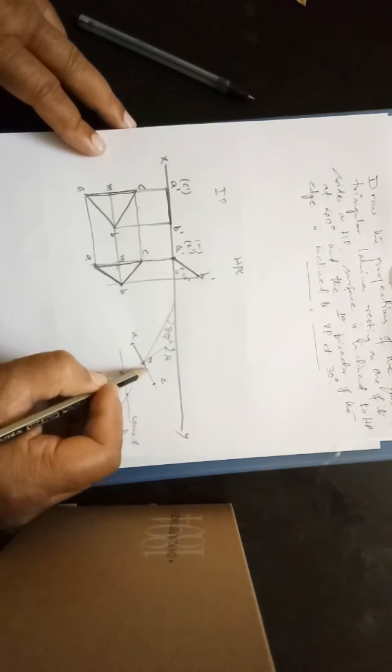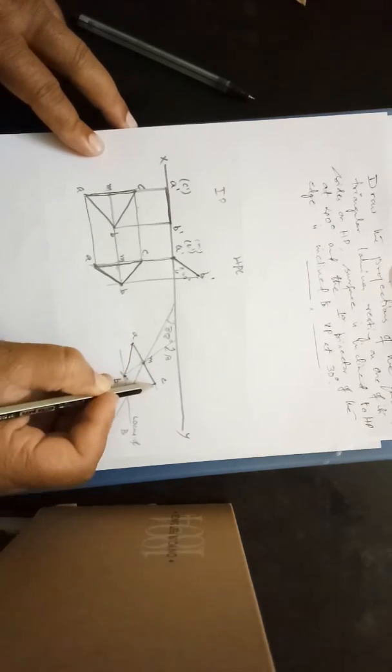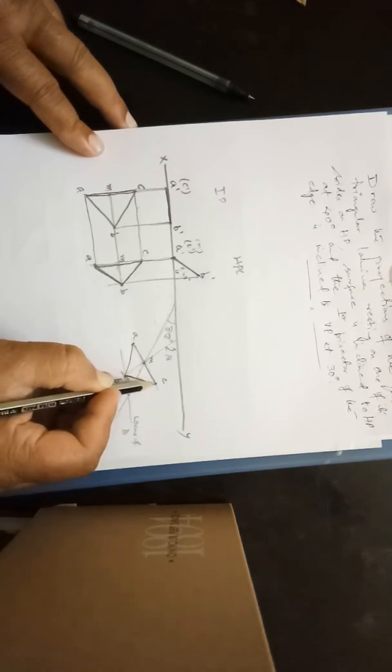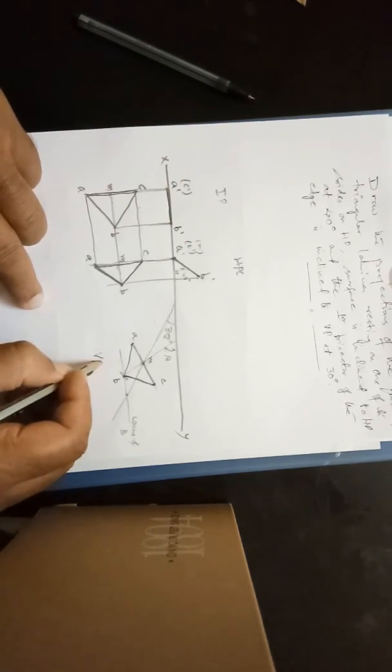Now join A, B and C. This will be the new top view in the VP condition, whatever he has given in the problem. Now project the front view.